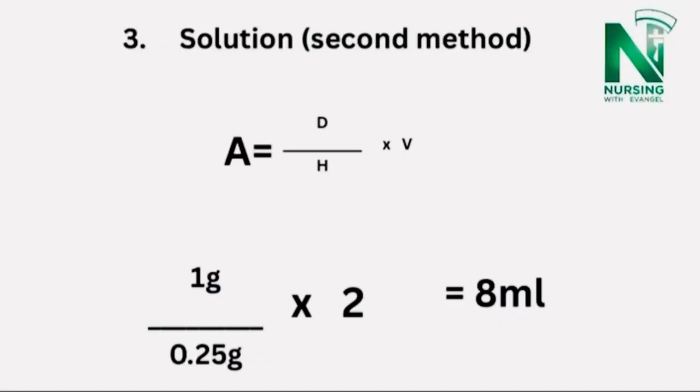So that means that if the doctor prescribes 1 gram of a medication that comes in 250 milligrams per 2 mil, they are going to administer 8 mils. It means that 8 mils of that solution, that is 250 milligrams per 2 mil, is going to give us 1 gram.